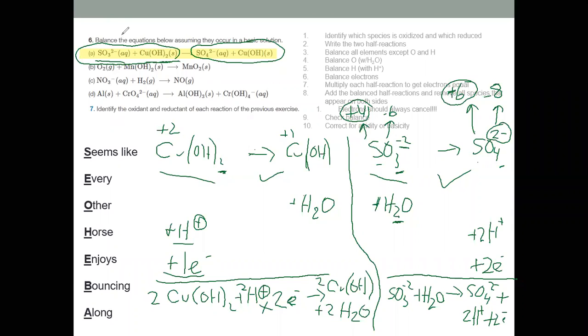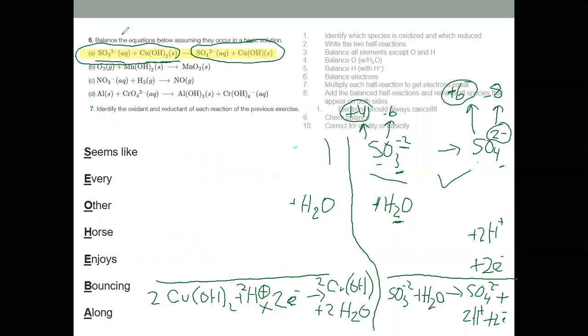Okay. All right. So now we have our electrons balanced such that when we add those two reactions together, we're going to be able to balance away the electrons, if you will.